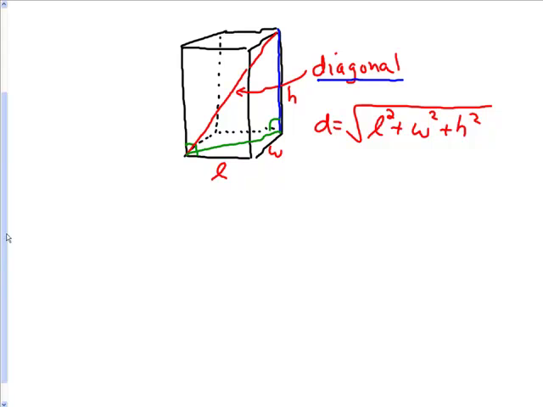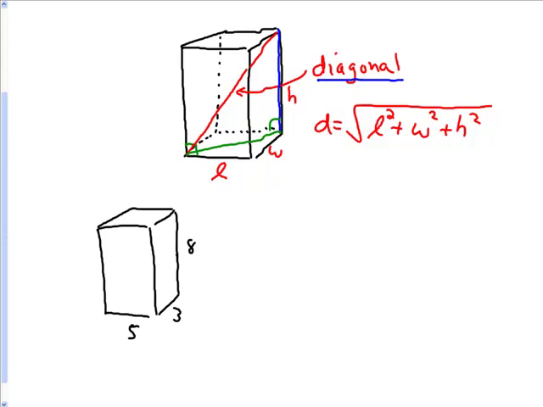So here's an example. If I have a right rectangular prism that has edge lengths of 5 for the length, 3 for the width, and, oh, let's make that 8 for the height. What is the length of its diagonal?